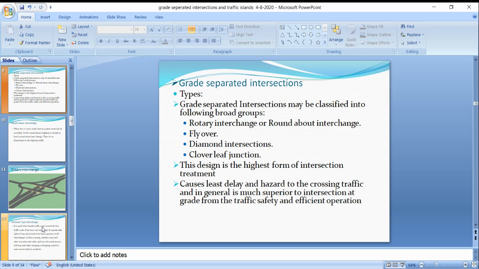So this design is the highest form of intersection treatment. Where there is more traffic, only then will we provide grade separators. Traffic is important, as it causes delay and hazard to the crossing traffic.